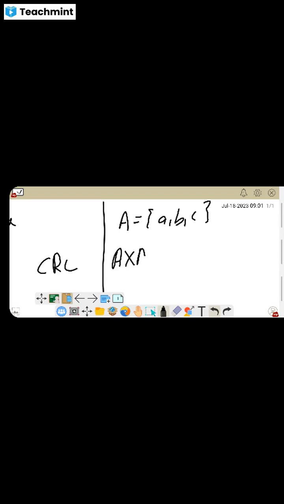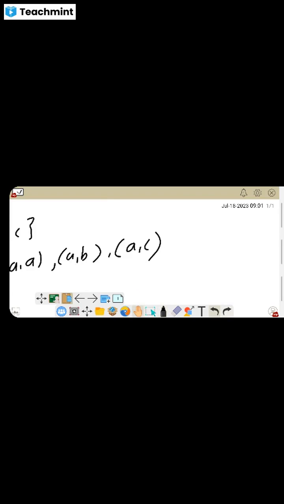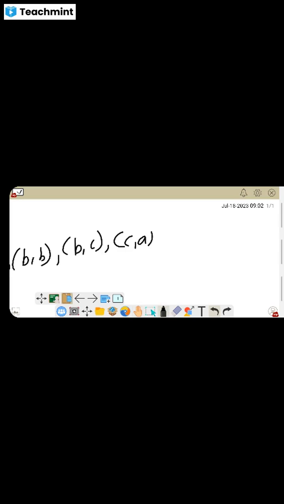So A cross A, we have A comma A, A comma B, and A comma C. This with all elements. Then now use B with all elements: B comma A, B comma B, B comma C. Then C comma A, C comma B, and C comma C.